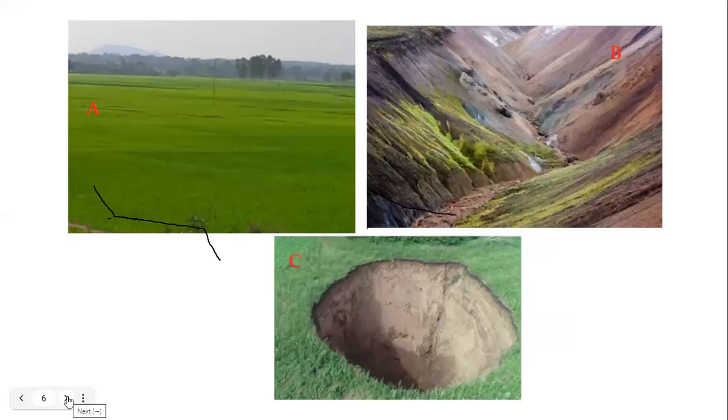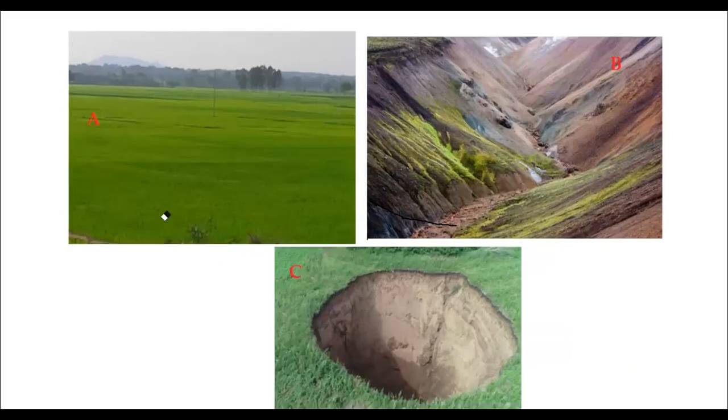All right. So now I want you to look at these photographs, and I want you to identify the landforms that we have. All right. So we have A, B, and C. Can you tell which feature is represented by A, which feature is represented by B, and which feature is represented by C?